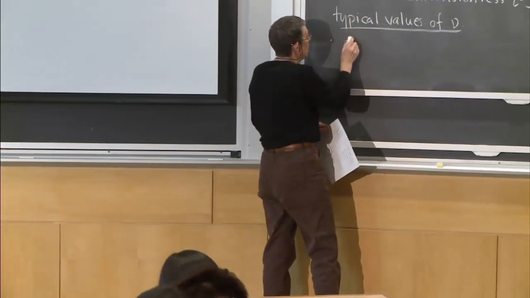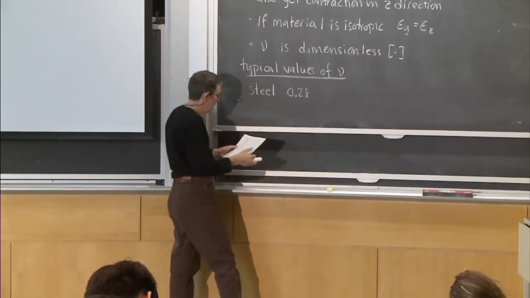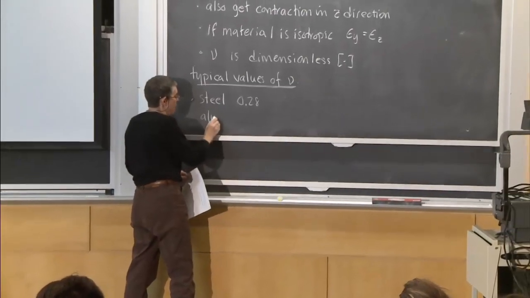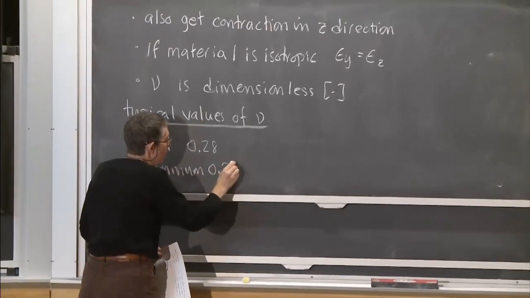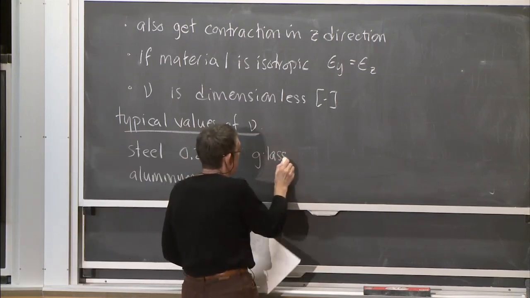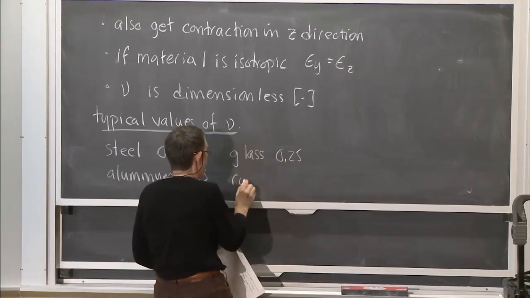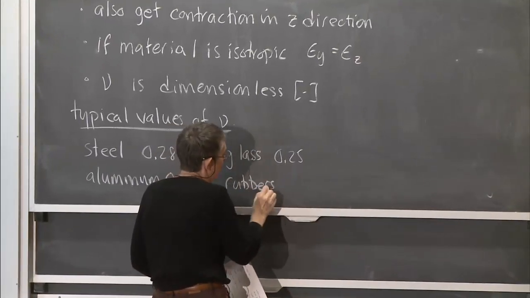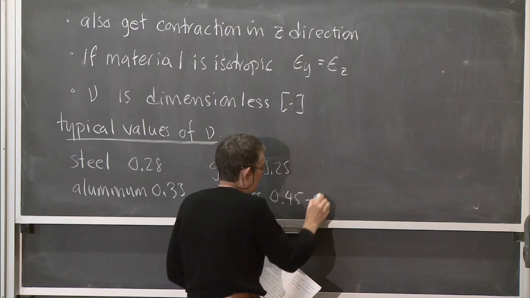Okay, so some typical values of nu. So for steel, nu is 0.28. For aluminum, 0.33. For glass, it's 0.25. For rubbers, the value's close to a half, but a little less than a half.